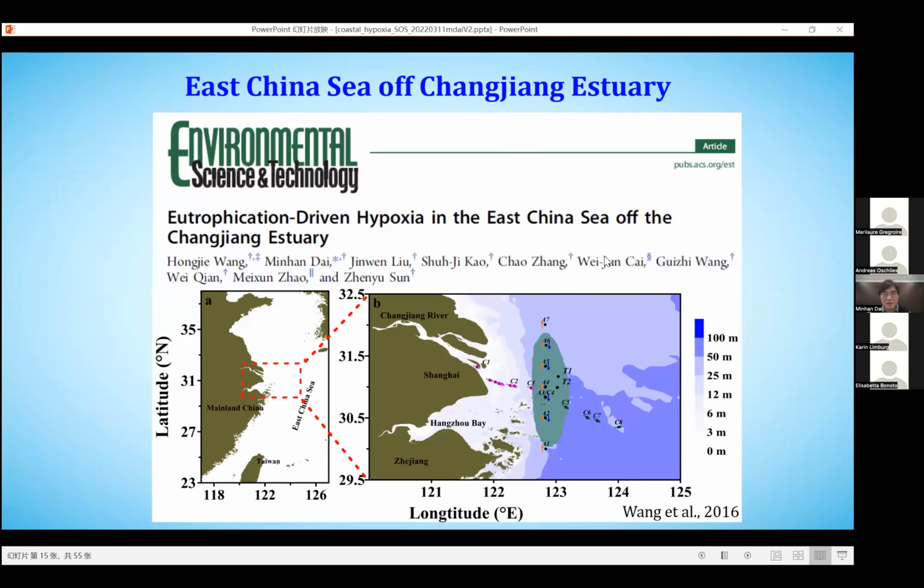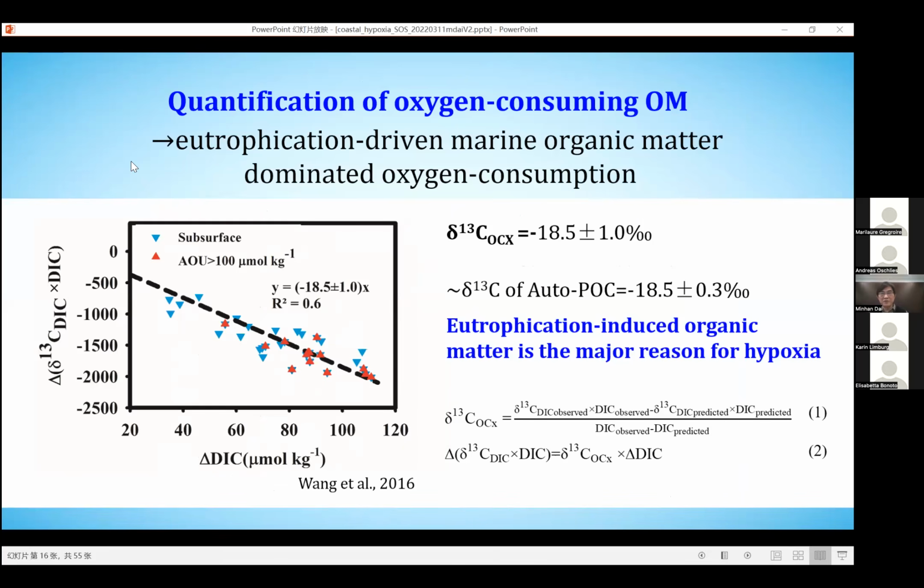So this is the first test I employed in the East China Sea, in the Changjiang River and Estuary. The result is that eutrophication driven, marine organic matter dominates oxygen consumption. So this is almost exclusively hypoxia where the organic matter is sourced from nutrient driven biomass production.